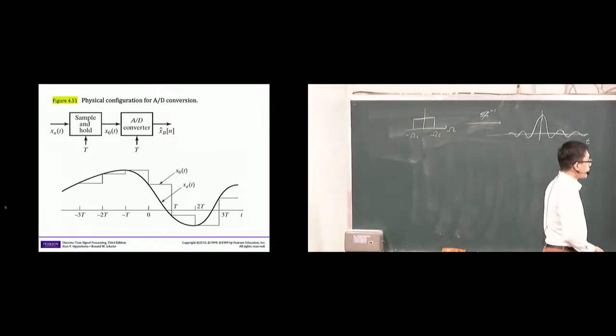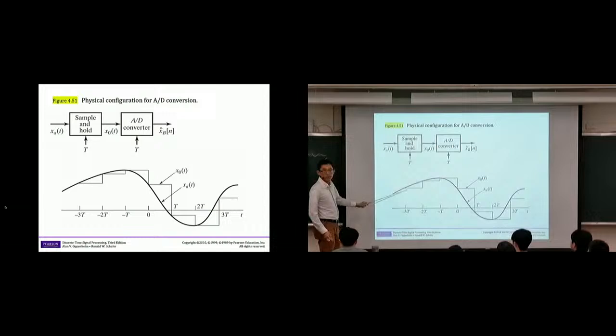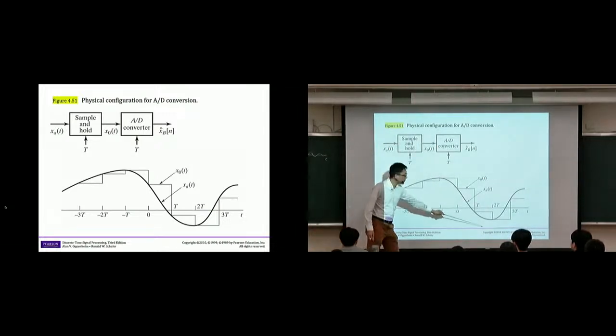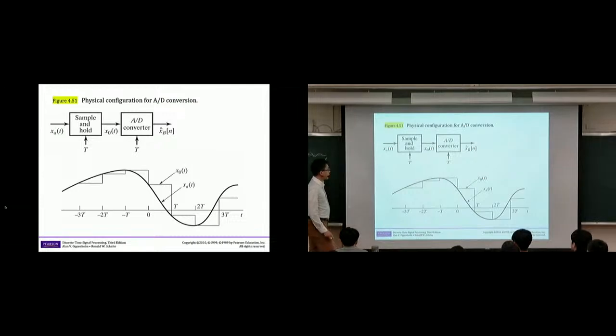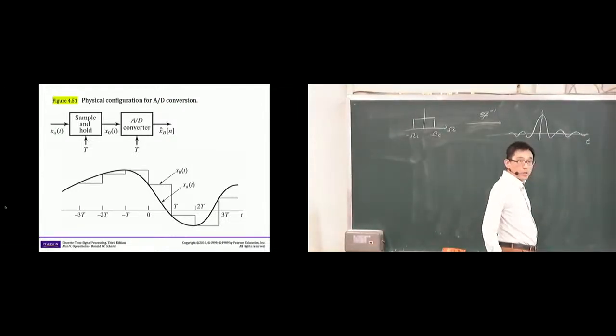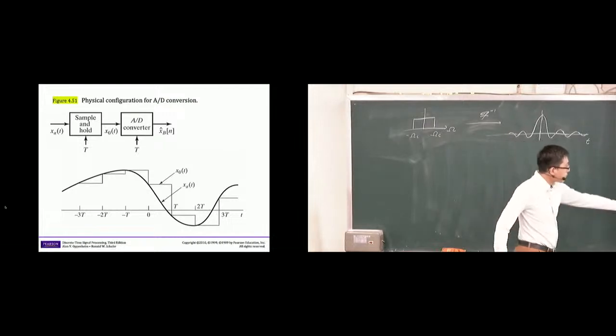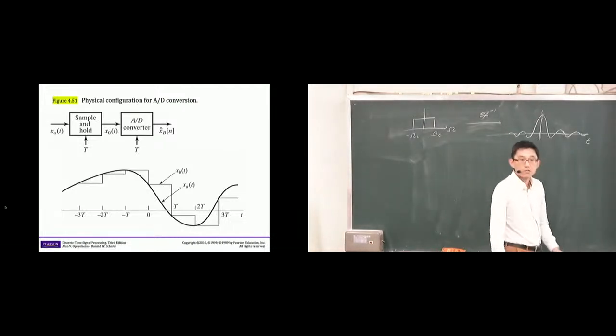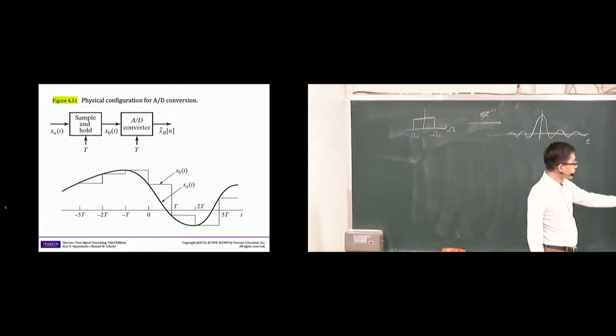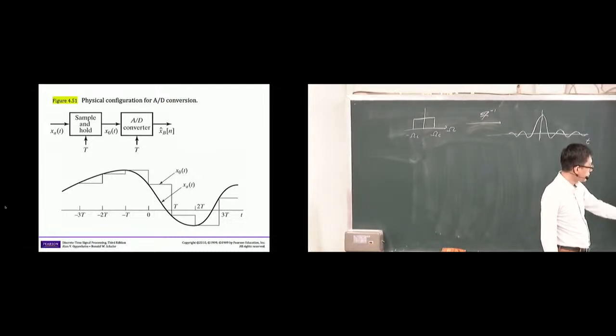To sample and hold means something like this. Suppose we have a continuous time signal, and we have a sampling period T. To sample and hold, literally, means we measure the signal and then hold it. That's all. We take a measurement of the signal, for example at this moment, minus 3T, and then hold it.